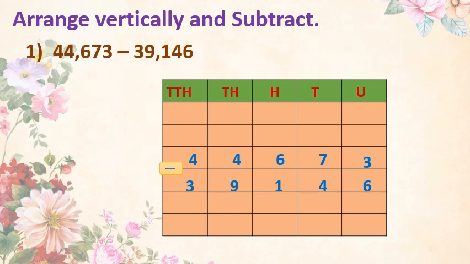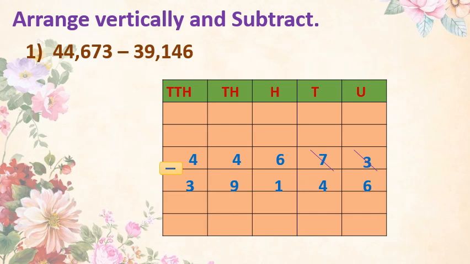Okay, you know that we always start to solve the sum from unit place. So here in the unit place 3 minus 6 is there. So it is not possible. So what we do? We borrow from the left hand column, that is tens place. In the tens place there are 7 tens. So we untie 7 tens so that in the tens place only 6 will remain and 1 ten is borrowed to units place.